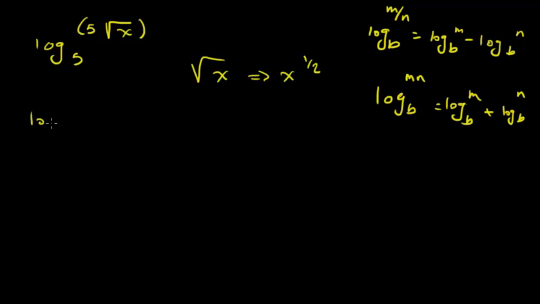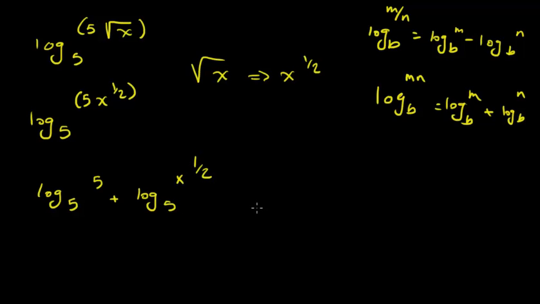So we rewrite it as log 5 of 5x to the 1/2, and then we start to simplify this one. The product rule applies to this one, so we'll have log 5 of 5 plus log 5 of x to the 1/2.